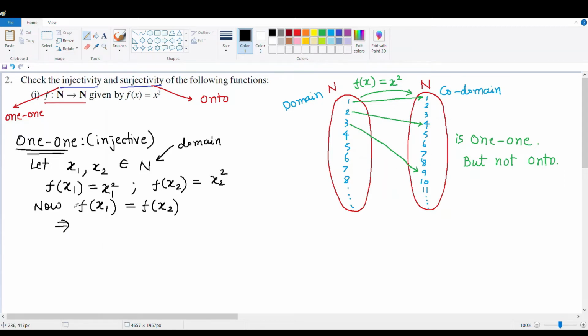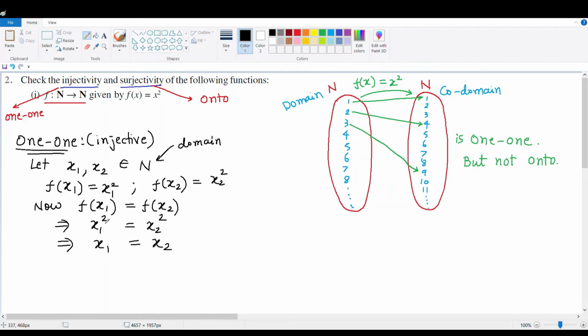And we just found that f of x1 is x1 square, and f of x2 is x2 square. So when is it going to happen that the square of x1 is equal to the square of x2? That is only going to happen when your x1 and x2 are the same. I could add plus minus here if it was the integer set, but here it is the natural number set, so there is no negative number in here, and I am not going to add that plus minus.